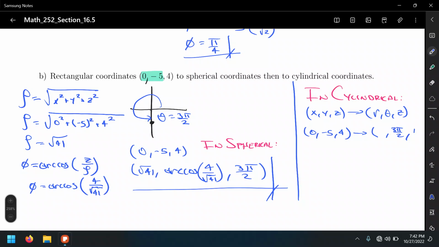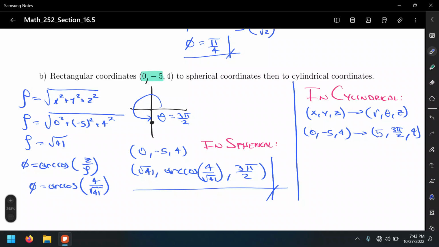Isn't it the same? But what's r? To find r, we would have to use the polar version, the square root of x squared plus y squared. But in this case, I don't think we need to use the formula, because how many units are there from the origin to this point? 5 units. So we're done.